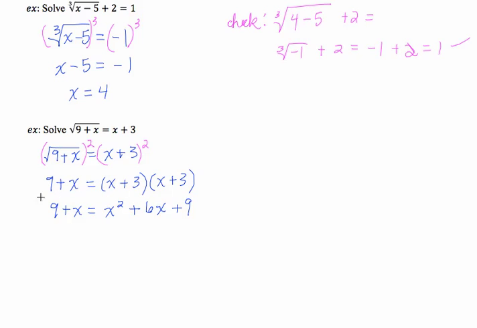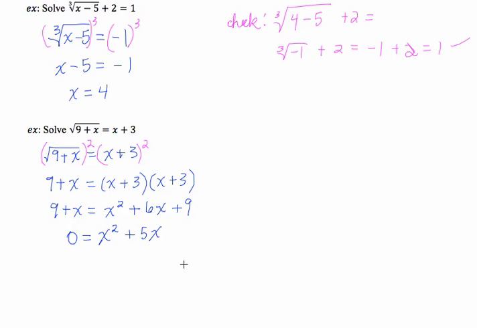So to solve a quadratic, you get everything on one side, set it equal to 0, and we will see if this factors. I'm going to move this 9 plus x over to the right side. So if I do 6x minus x, that gives me 5x. And 9 minus 9 is 0, so those cancel.